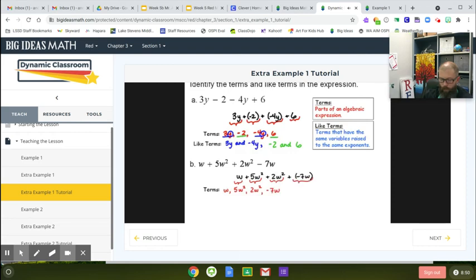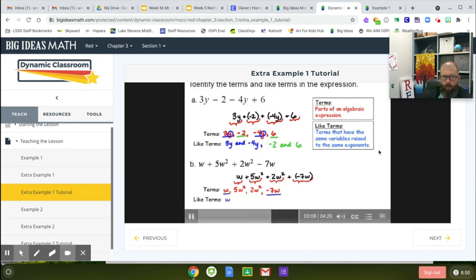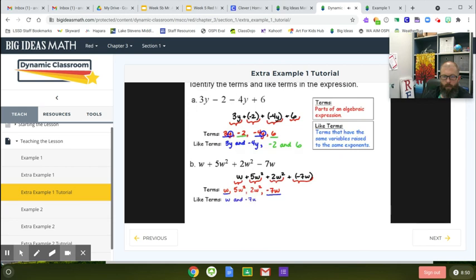Now that we have identified the terms of the expression, we can find the like terms. The term w is the variable w to the first power, and the term negative 7w has a coefficient of negative 7 and the variable w to the first power. W and negative 7w both have w raised to the first power.